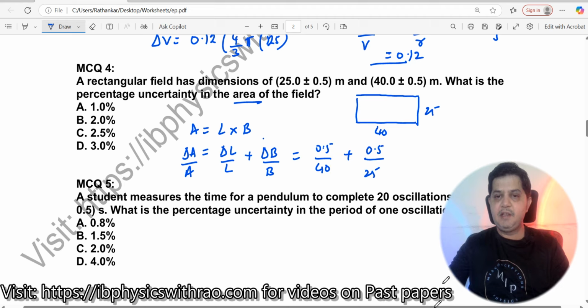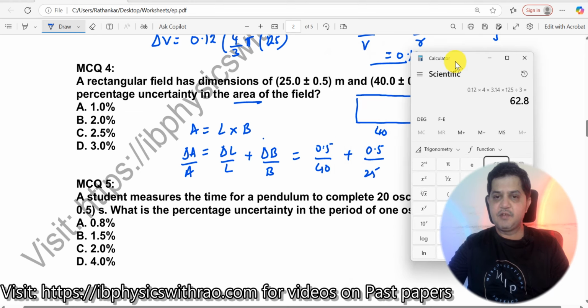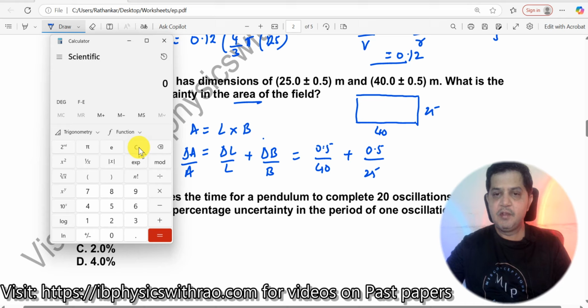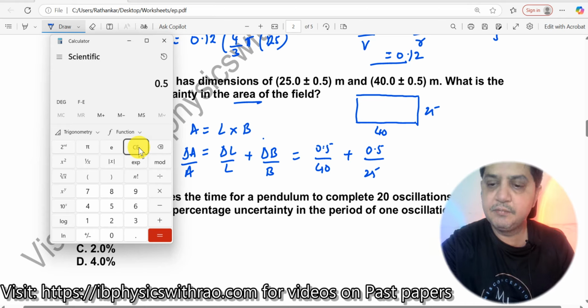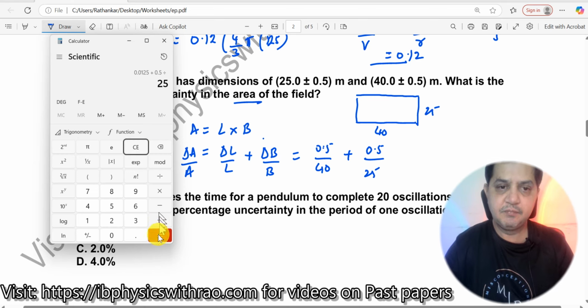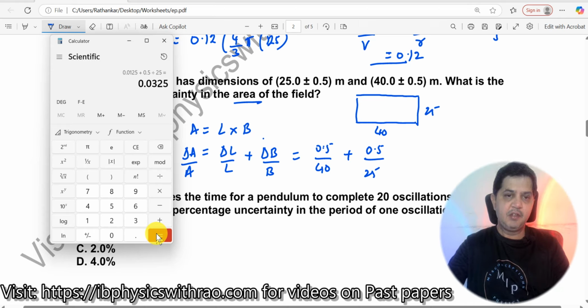Okay, let me use the calculator to get the final answer. 0.5 divided by 40 plus 0.5 divided by 25 is equal to 0.0325, and this multiplied by area.